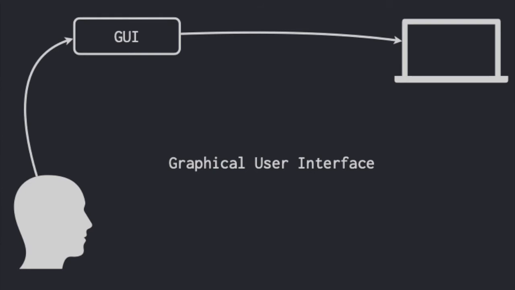So consider a scenario where you want to create a folder called folder 1. How would you actually do this? Most of us probably will use what's called a graphical user interface, which just means that you will use your mouse and click buttons that are on the screen to do things.